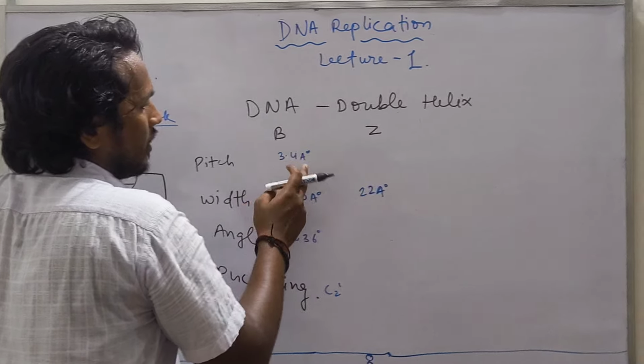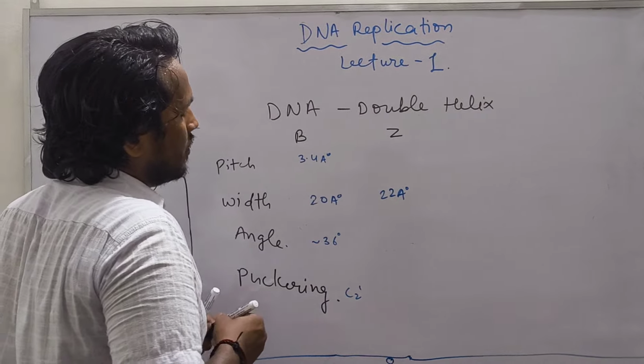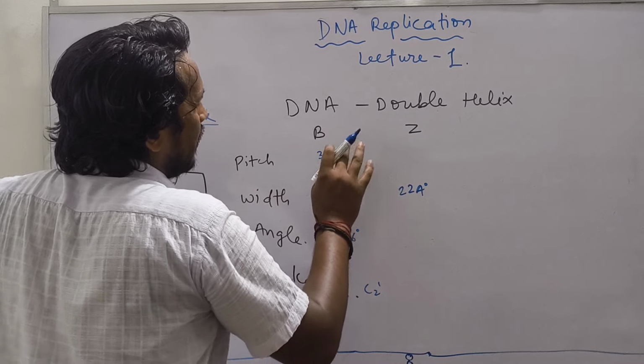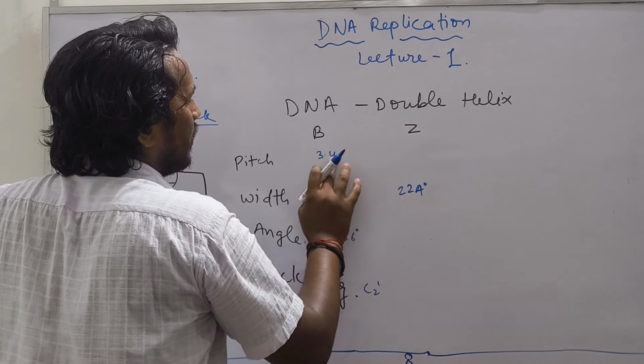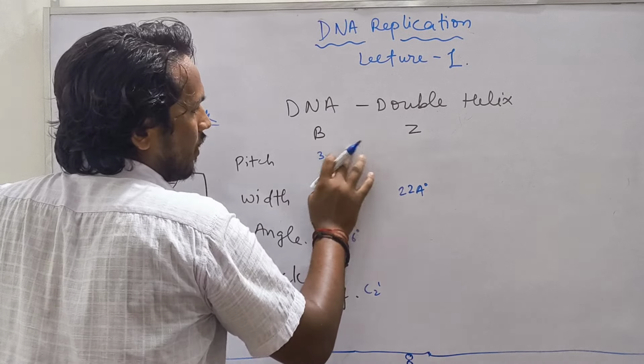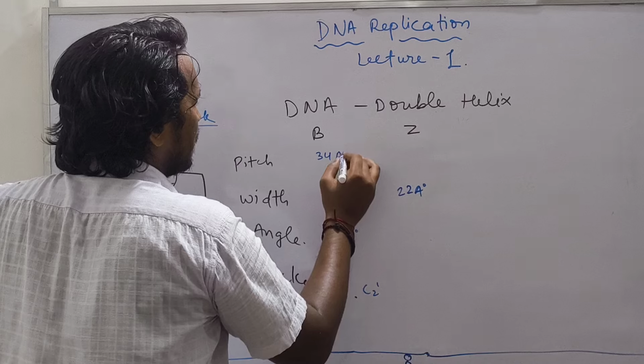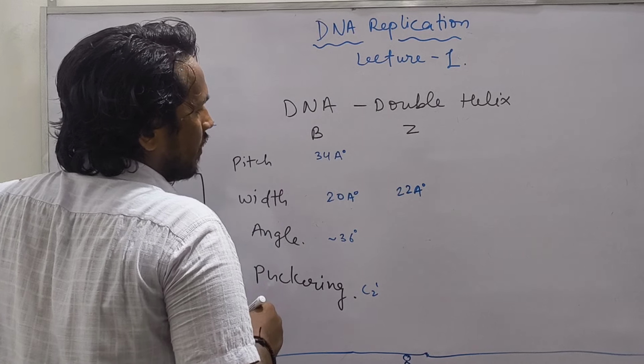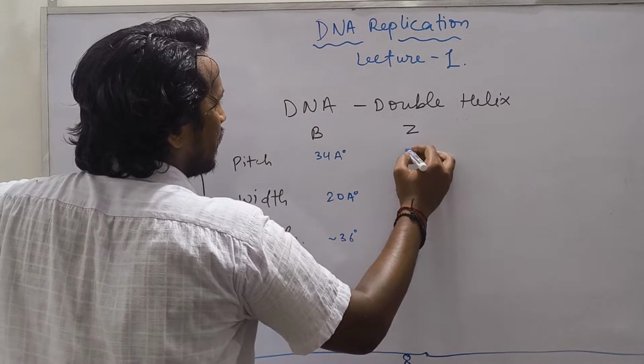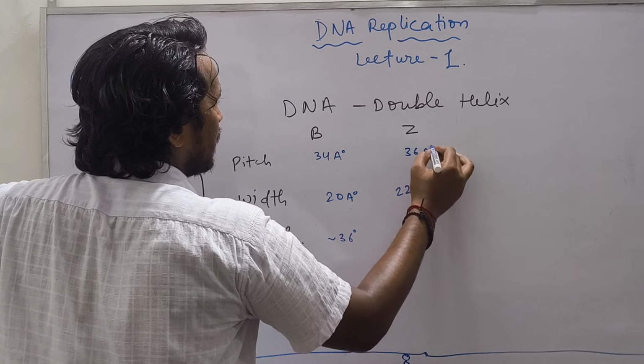If you are writing in angstrom, it will be 34 angstrom, and if you are writing in nanometer, it will be 3.4 nanometer. I want to write it in angstrom, so I have to write 34 angstrom. And the same thing here will be around 36 angstrom.